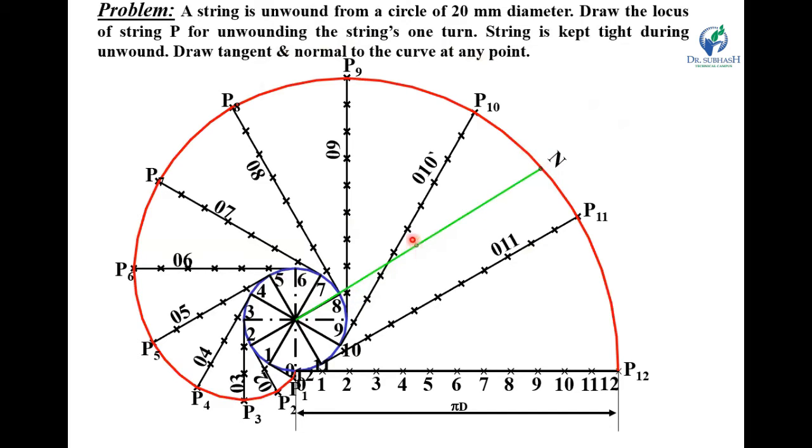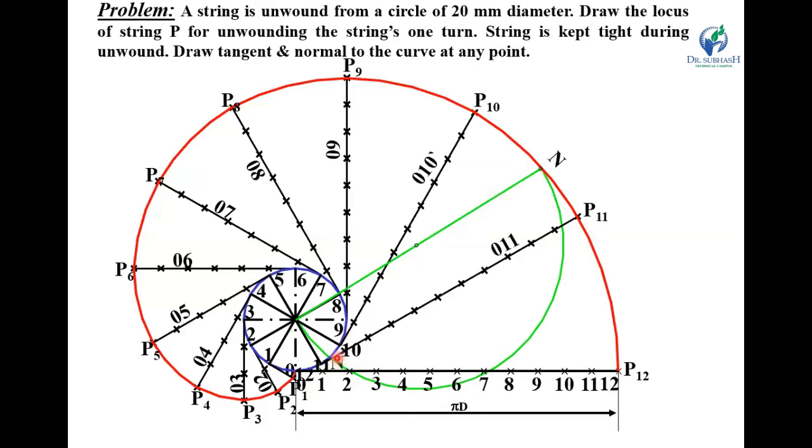Now take this midpoint as a center, and draw a semicircle whose diameter is equal to this line. Or you can say this point is the center and the radius is equal to the distance up to point N, and draw a semicircle. Now this semicircle will intersect this circle at this point.